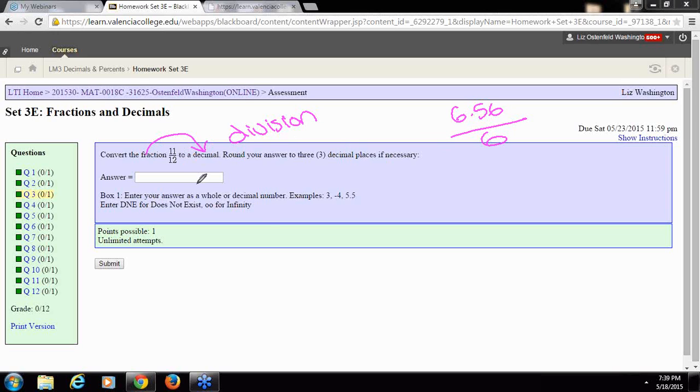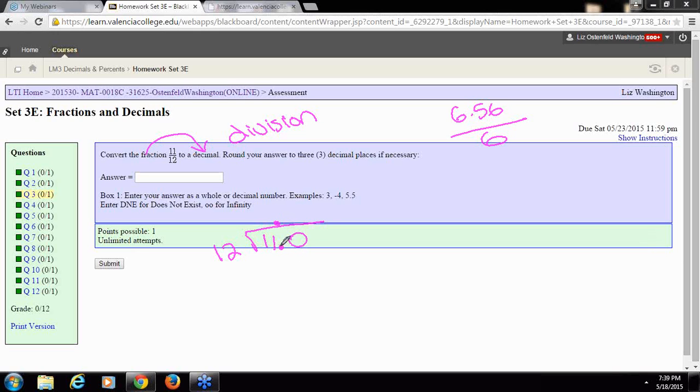Well, 11 over 12 is the same thing as 11 divided by 12. By doing the division that's in the fraction, it's going to give you a decimal. Now, I already know that 12 is too big to go into 11, so that's where you add the decimal and a 0 if you need to.